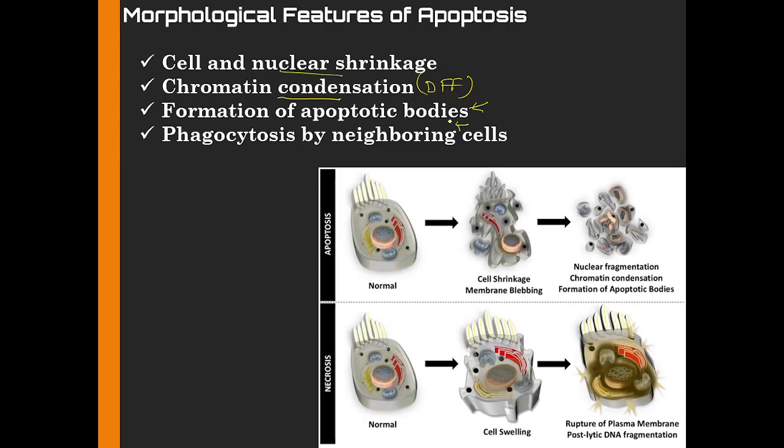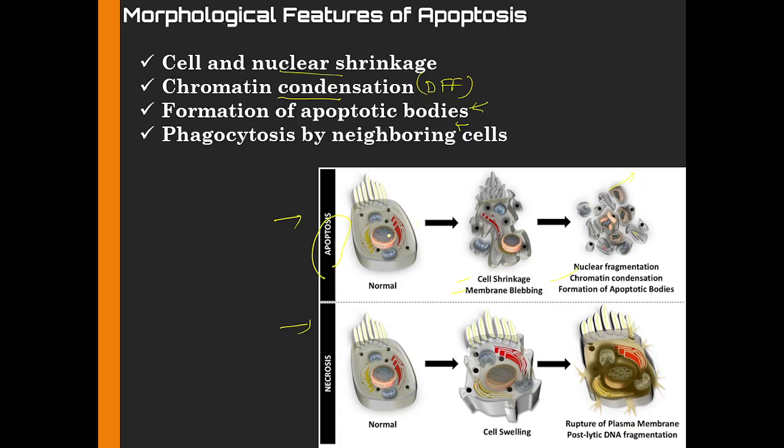Now if we compare with necrosis, these are the two diagrams which have been shown. This is a normal cell. During apoptosis, as you can see here, there is cell shrinkage, membrane blebbing, nuclear fragmentation, chromatin condensation, then formation of apoptotic bodies, and then these are taken up by the phagocytes or the cells in the vicinity of that region.